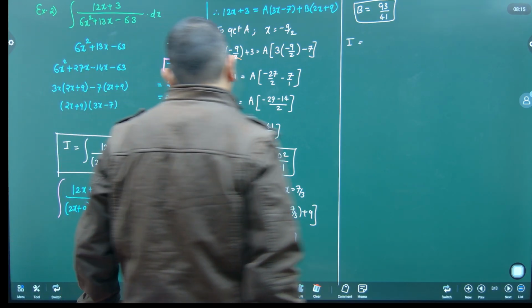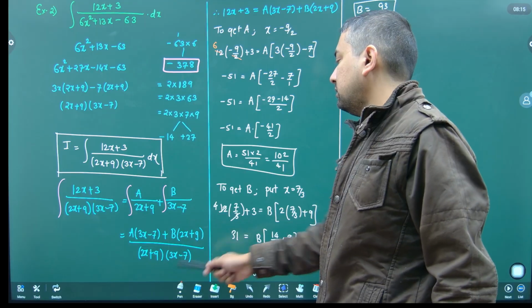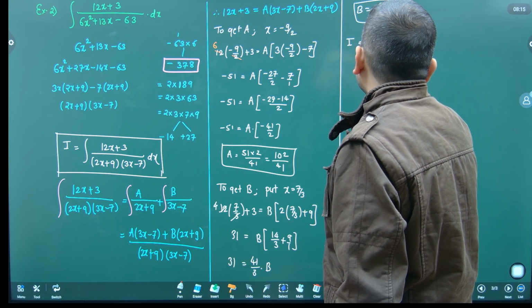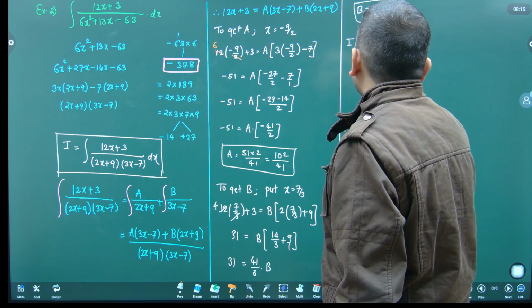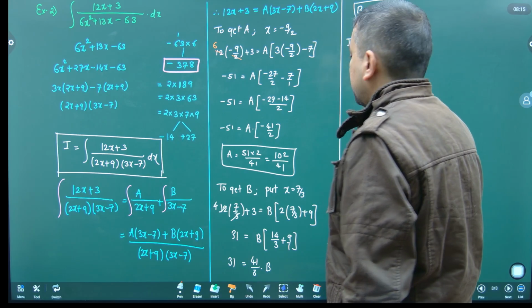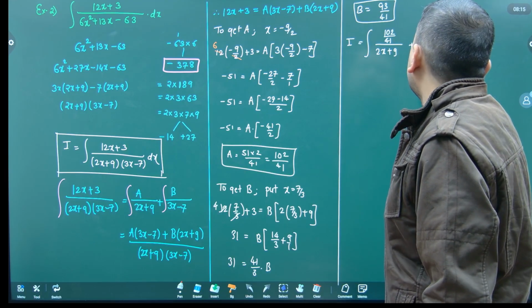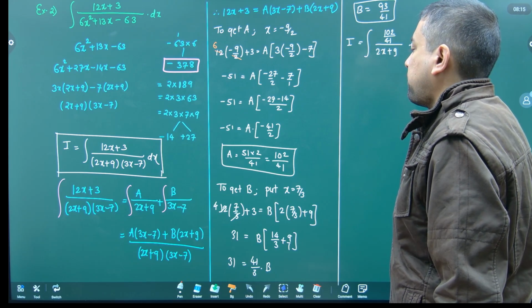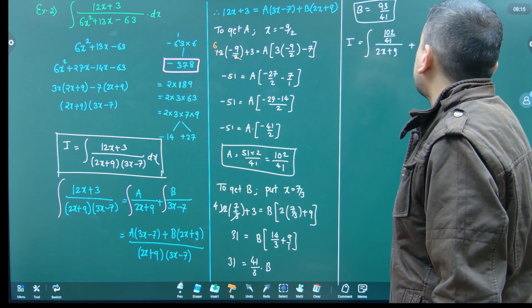So I will be equal to the integral of A upon 2x plus 9 plus B upon 3x minus 7 dx, where A is 102 by 41 and B is 93 by 41. Is it correct?